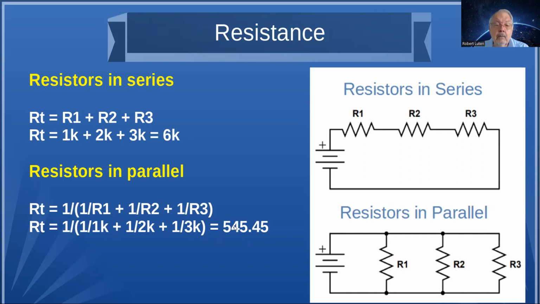Okay. So one thing to see is that the result, this approximately 500 ohms, is less than the smallest value of the parallel resistors, which was 1K. So when they're in parallel, the result is always going to be less than whatever the smallest value of the parallel components are.